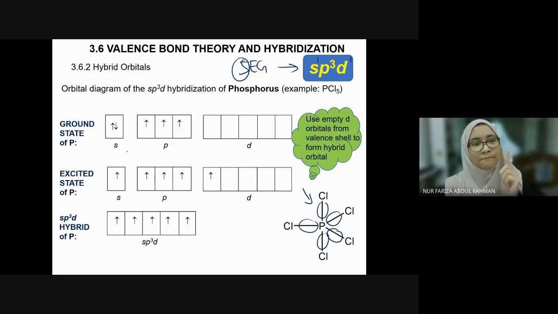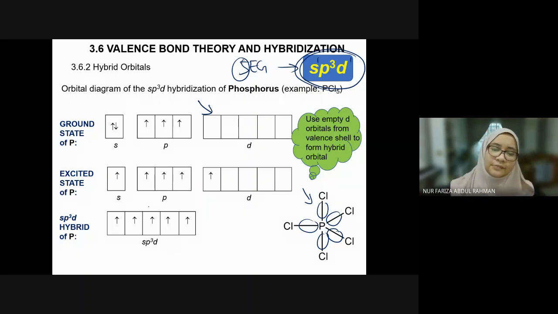Phosphorus is located below nitrogen, so just like nitrogen, phosphorus is the same because they have the same number of valence electrons. We prepare the d orbital here even though it is vacant, because earlier we predicted that the type of hybridization is sp3d. Later on we will promote 1 electron into the d orbital.